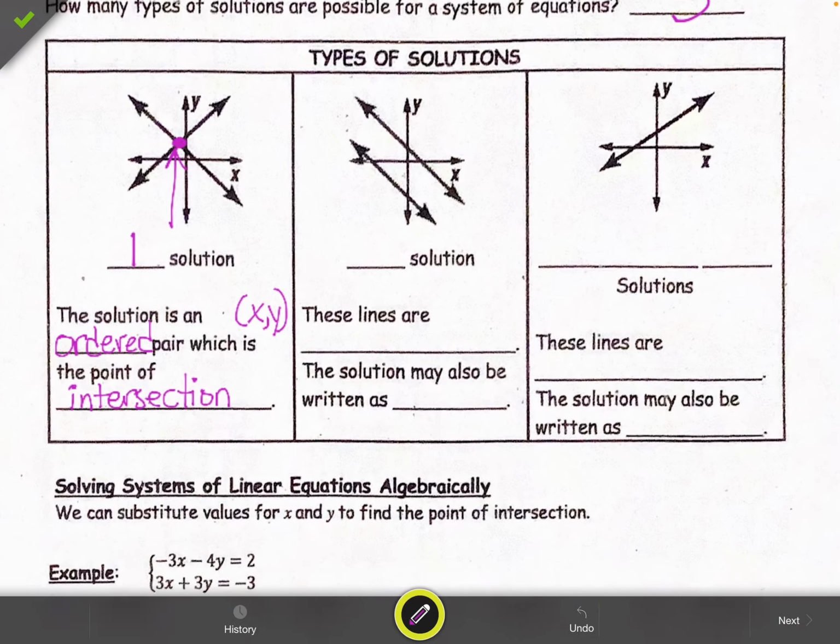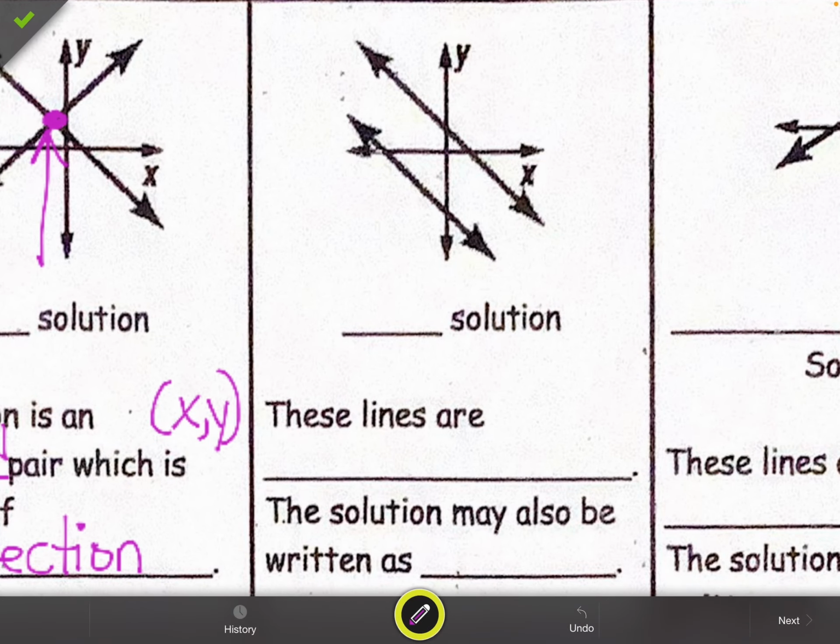Now, the second type of solution you can have is a no solution. Okay, when you graph the two lines, what will happen is, if you notice, these two lines are never going to intersect. So these lines are parallel lines. Okay, they run side by side. They're never going to intersect.